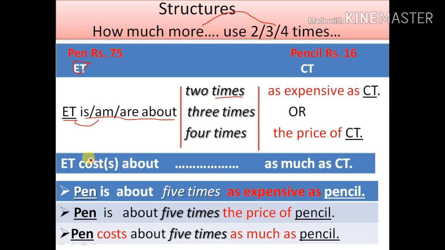Or you can use the verb cost or costs according to subject. And if you are using cost, yes, my friend, I have already told you, you have to use as much as instead of as expensive as or the price of.